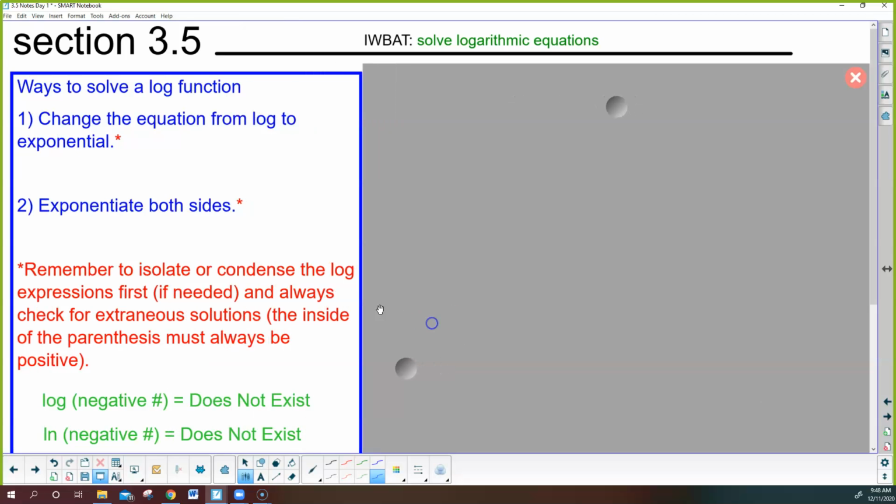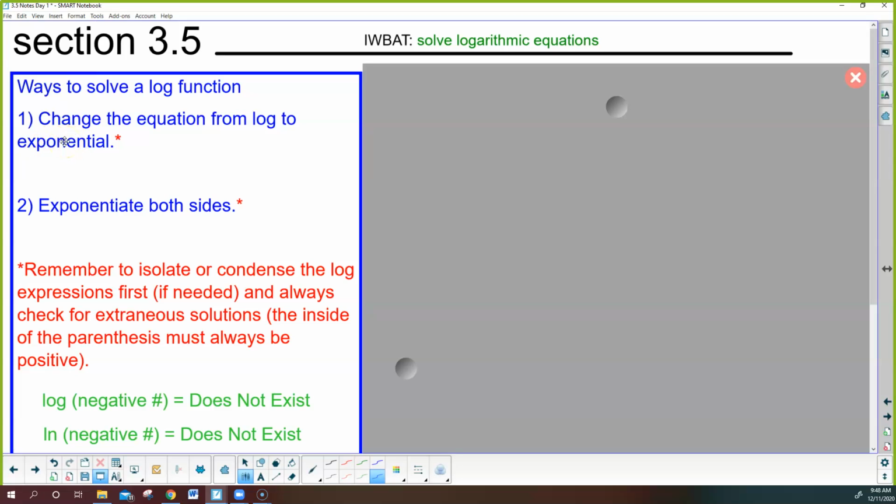Now, some people like kind of a step-by-step, here's what you should do. I personally don't think you need to write all this, but we're going to look at 2 different ways to solve a logarithmic function. The first one is to change the equation from log form to exponential form, and that's kind of what we did in the warm-up, because we actually know how to solve exponential equations.